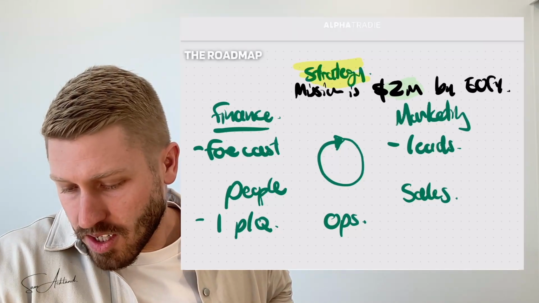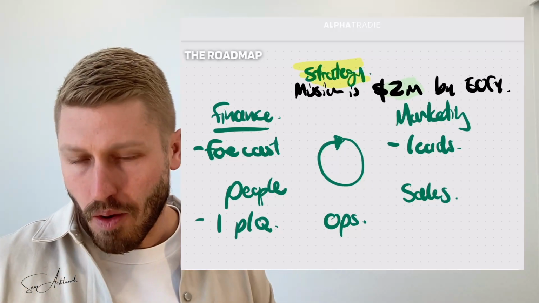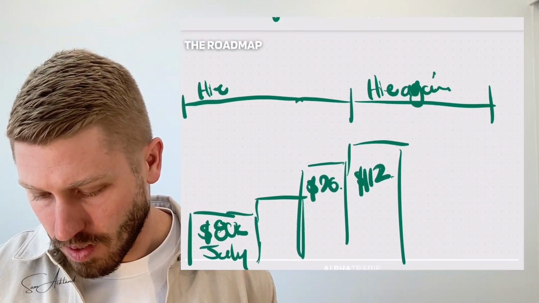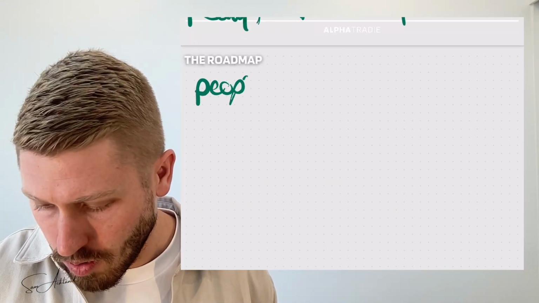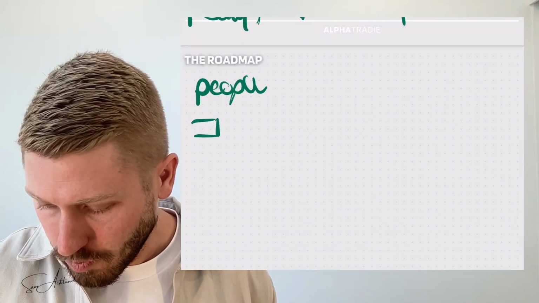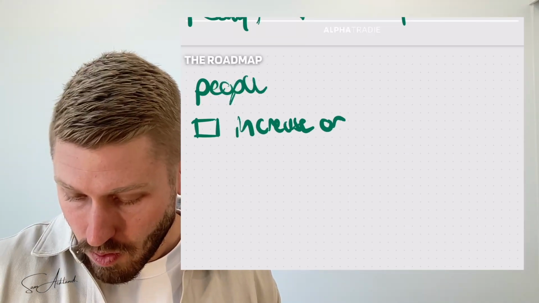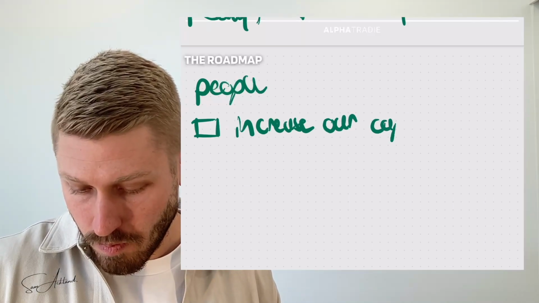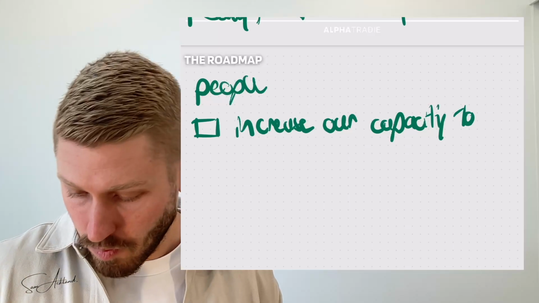So we're basing this going, well, if we can hire one person a quarter in current position, then if we start to draw out some people goals, we need to increase our capacity to hire.